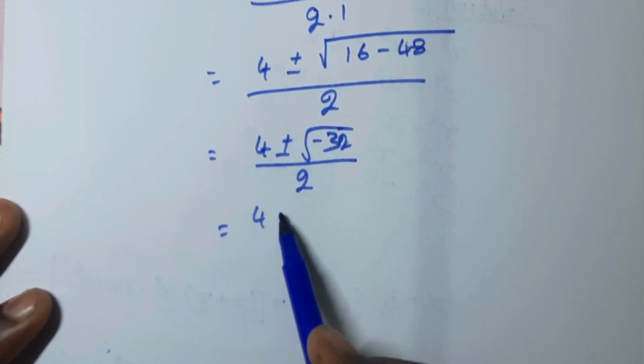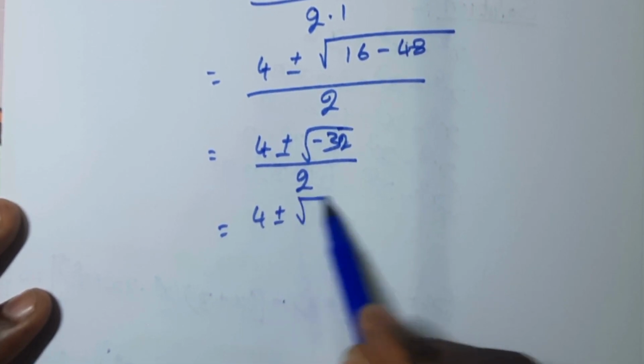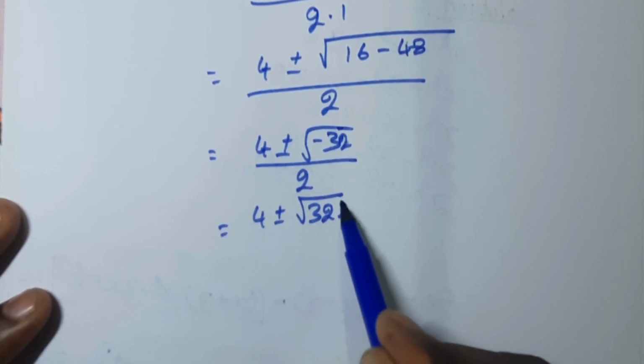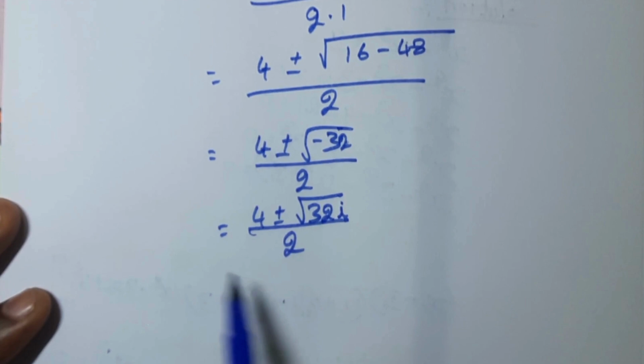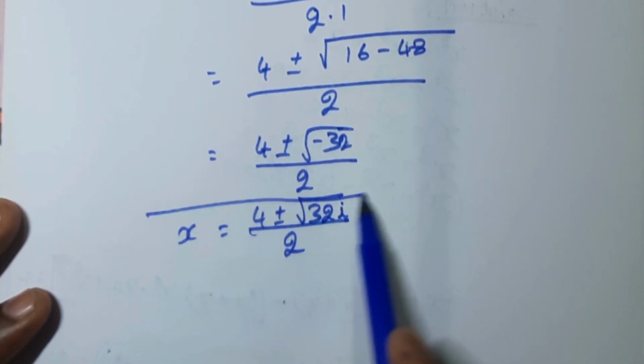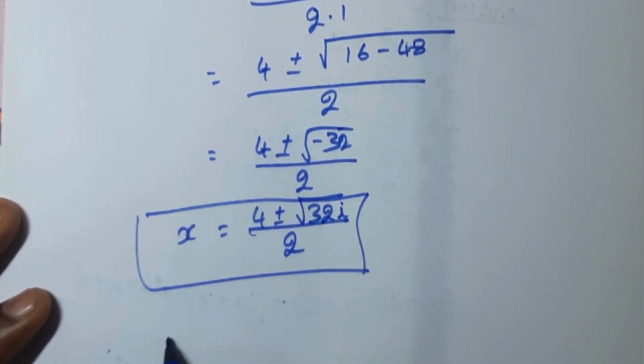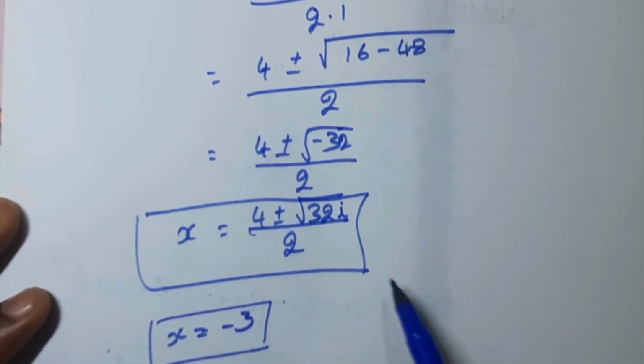Now 4 plus or minus square root of 32i divided by 2. This is the one x, and the other one is x equal to minus 3. We have two answers.